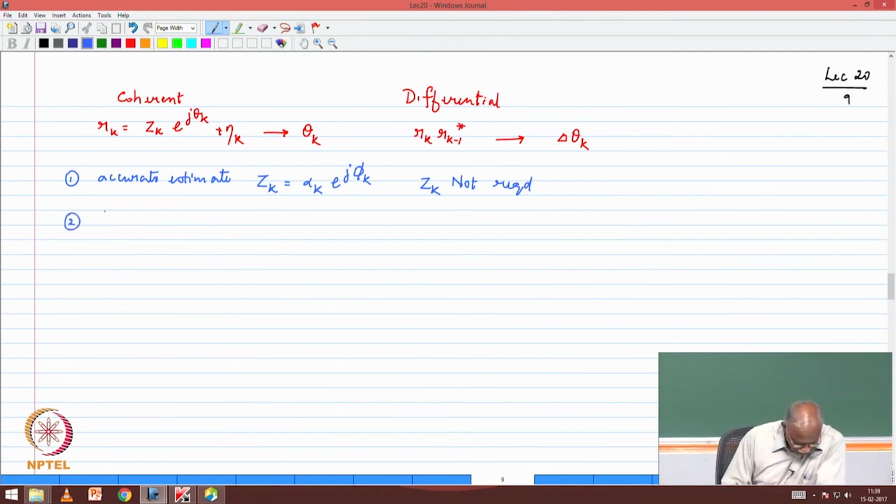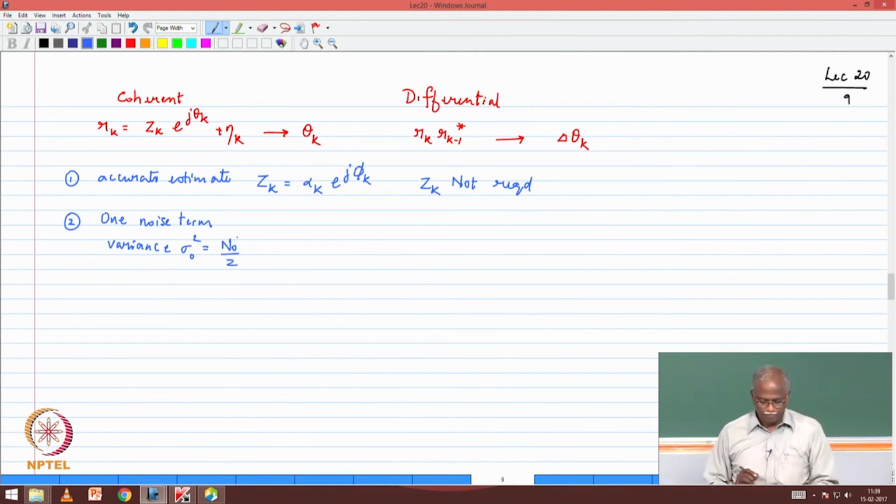Another important difference is that I have one noise term in my decision statistic, with variance sigma naught squared equal to N naught by 2, that is your noise spectral density. Now in this case I have two noise terms, I have to be careful with that. Two noise terms, the resultant variance will be 2 times sigma naught squared. So there is a penalty.